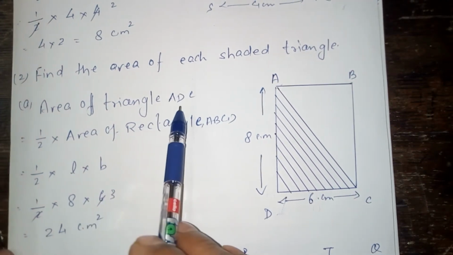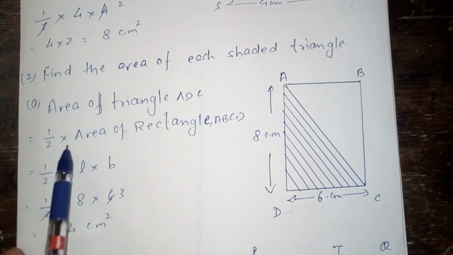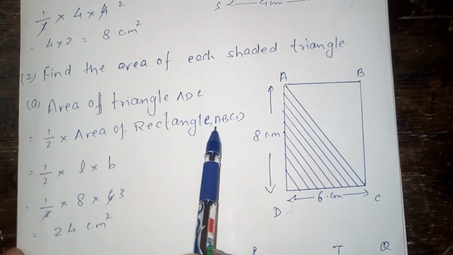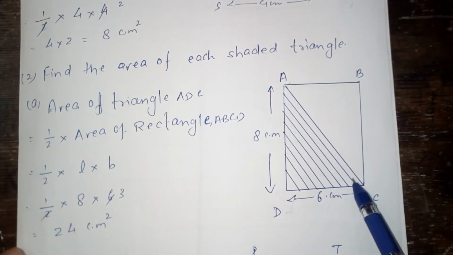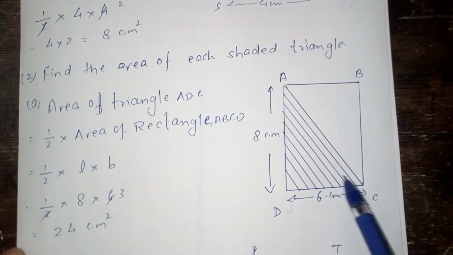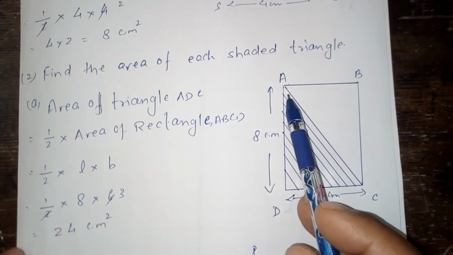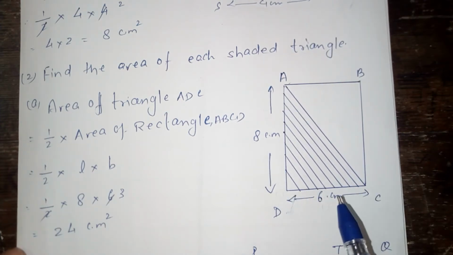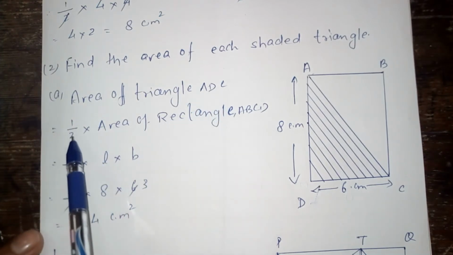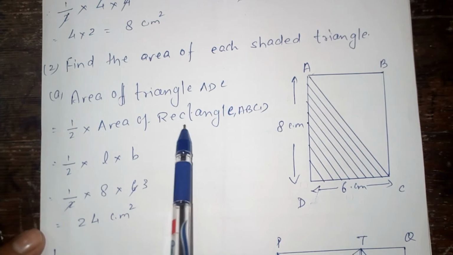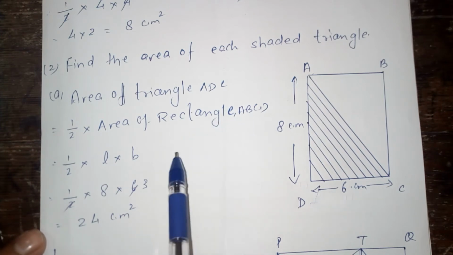Area of triangle ADC is equal to half into area of rectangle ABCD. Triangle ADC is in the rectangle ABCD.